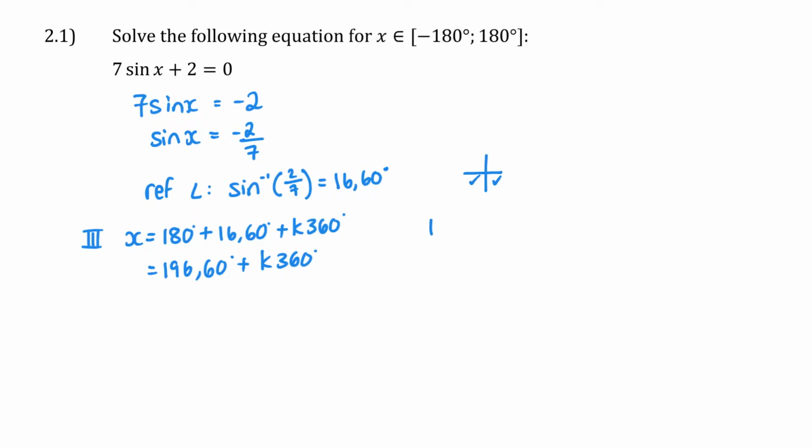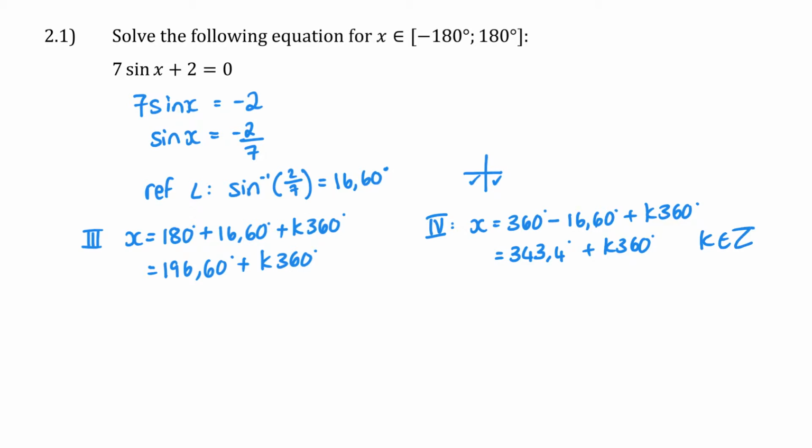Or I'm going to have an answer in the fourth quadrant, and the rule for the fourth quadrant is 360 degrees minus my reference angle, plus my repeat of 360. And so what I get here is 343.4 plus my repeat of 360, and that repeat is an integer.